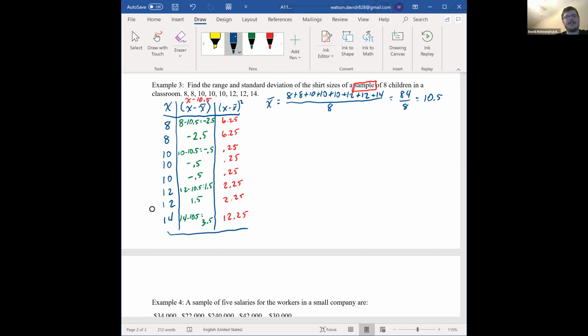Now remember, we need the sum of all of those. So if we just add up everything in that last column, we'll actually get a pretty nice number. It's just 30.